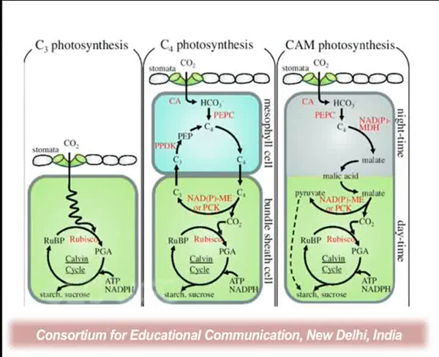de-acidification. If one was to compare all the 3 cycles, one would find a striking point that the Calvin cycle has to run in all the cases. That means ultimately the sugars are going to be formed by Calvin cycle itself.